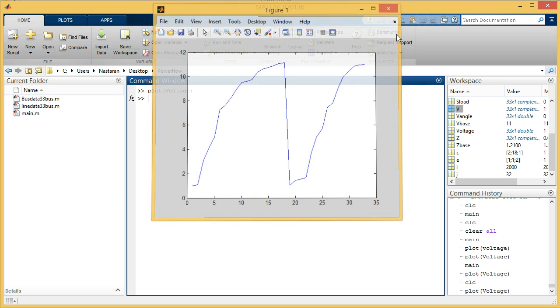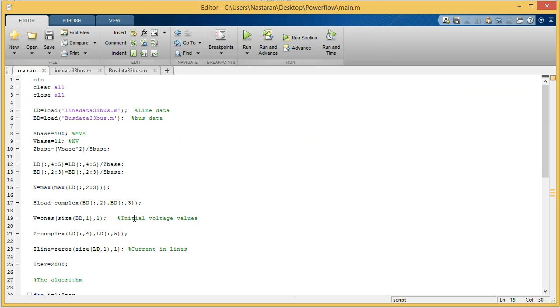So I have a problem in my data. Let's go back to our script. I think I did something wrong in here. Okay, so our base power is 100 megavolt amperes. Our base voltage is 11 kilovolts. Okay, so base Z is also this one.